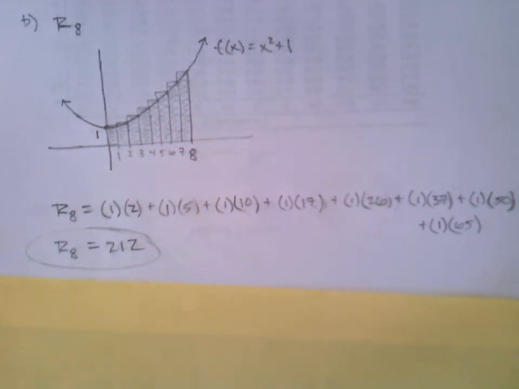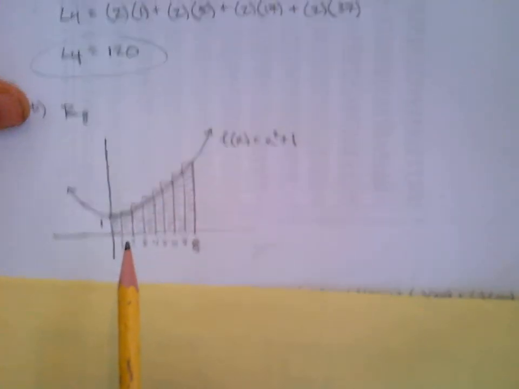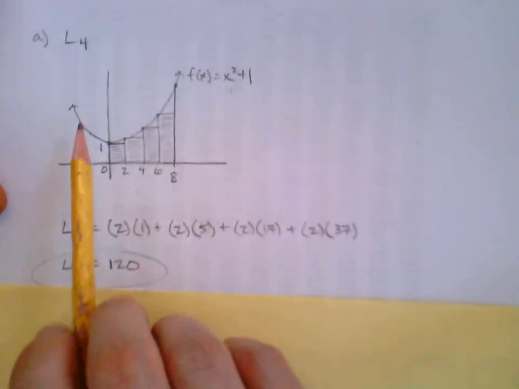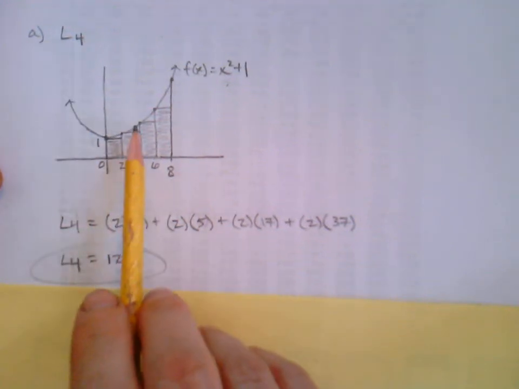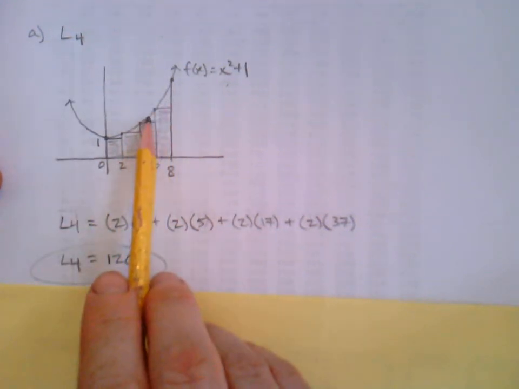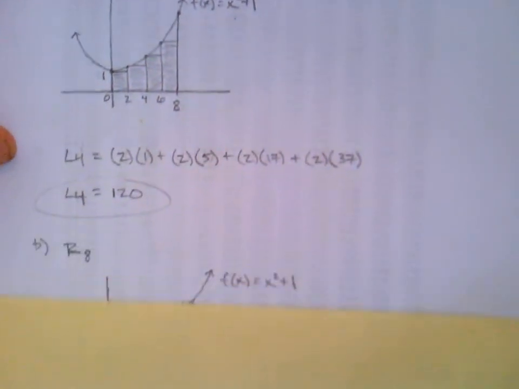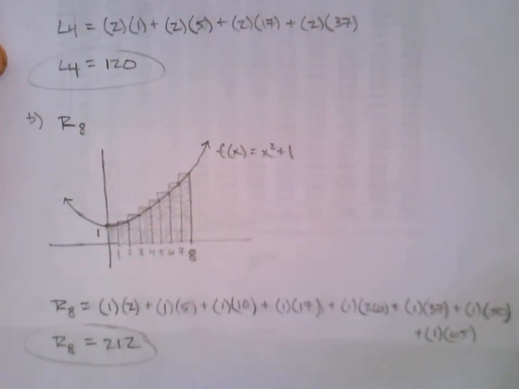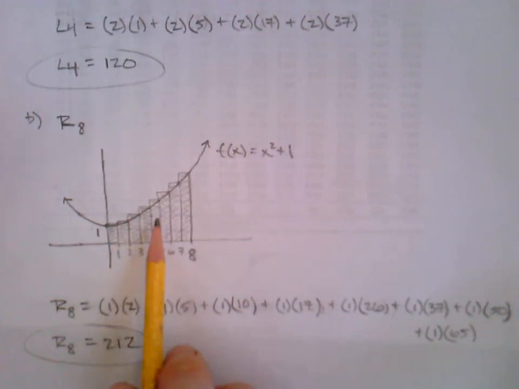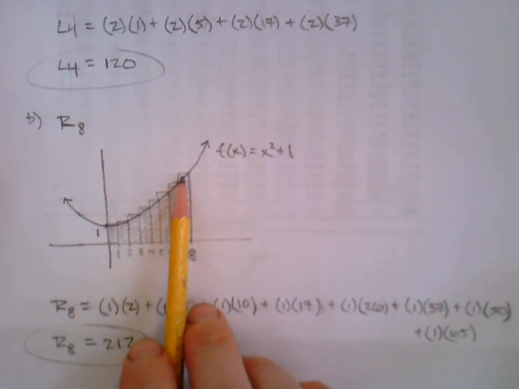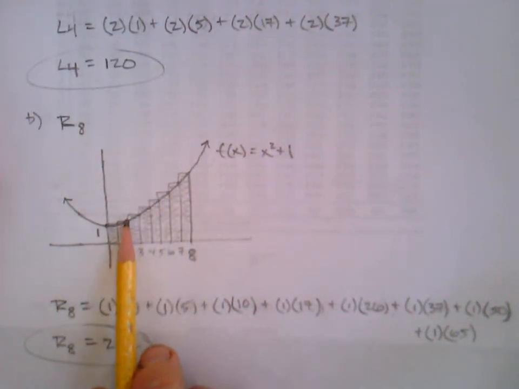So a couple of things we can reflect on. You know, we can tell our left approximation was an under approximation because we've got all these gaps here, so we know that's definitely too small. In a similar way, the right approximation in this example we know is too big because all of these hang over a little bit.